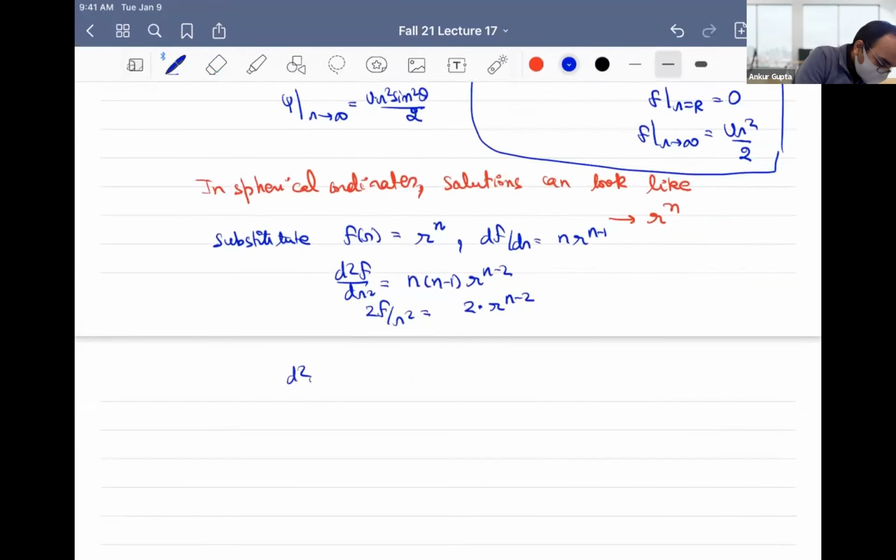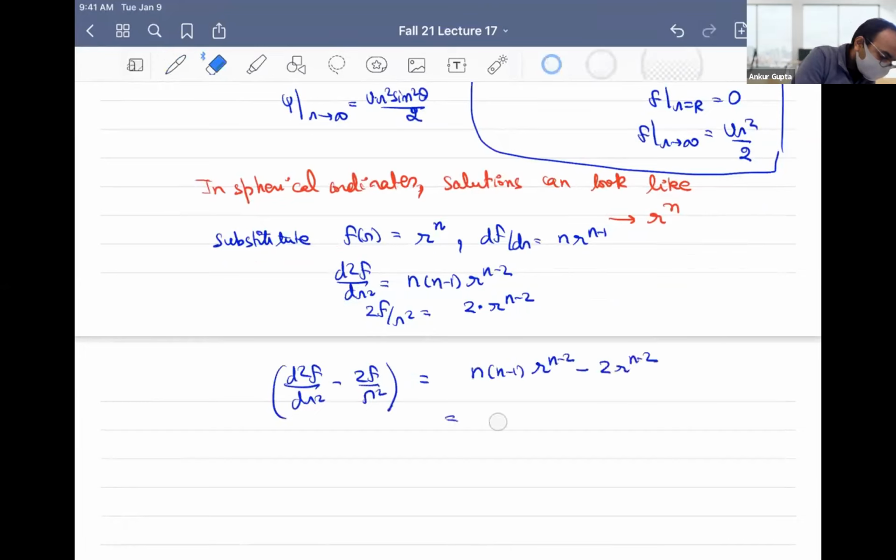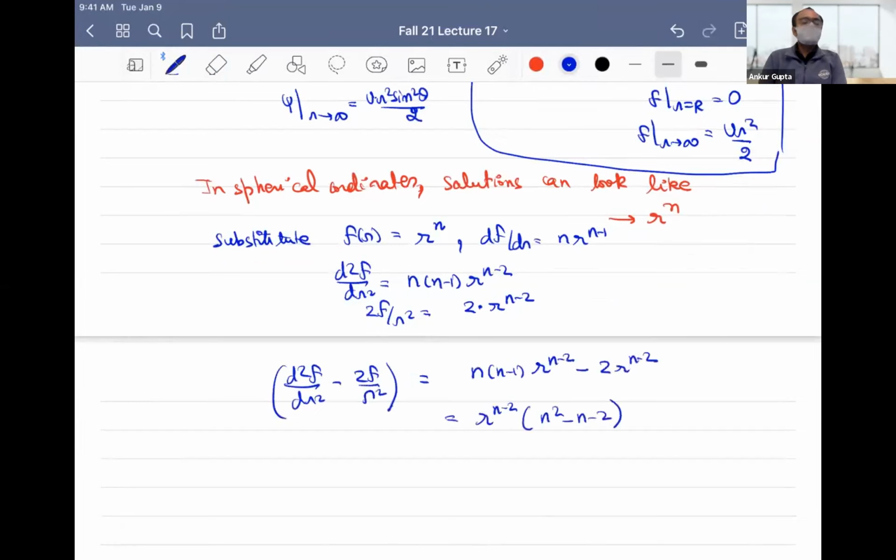So d square f by dr square minus 2f by r square is equal to n into n minus 1 r to the n minus 2 minus 2 r to the n minus 2, and this becomes n square minus n minus 2, which is n minus 2 into n plus 1, times r to the n minus 2.